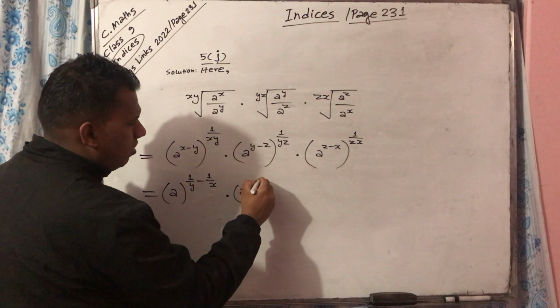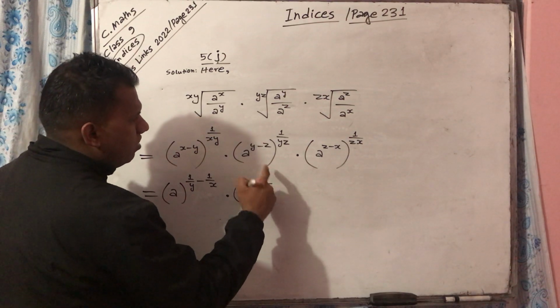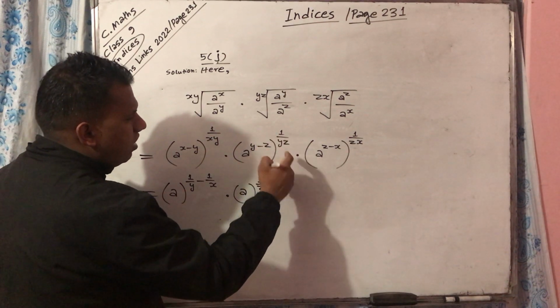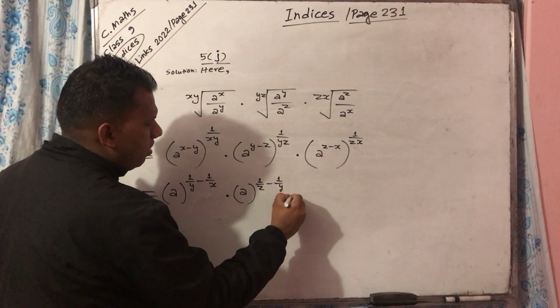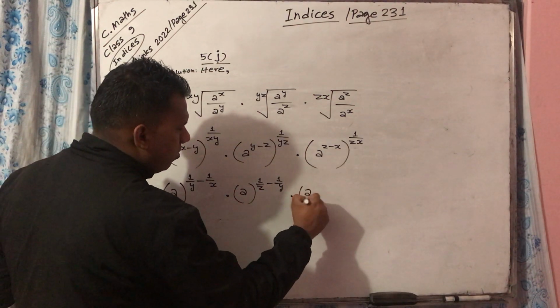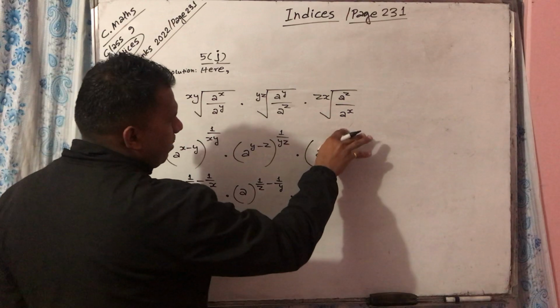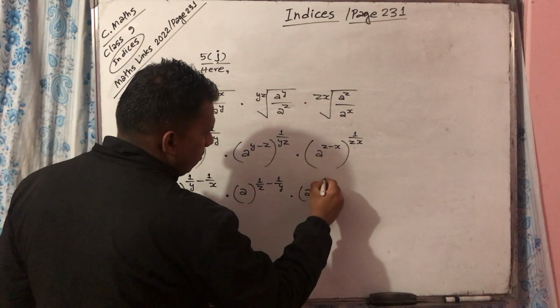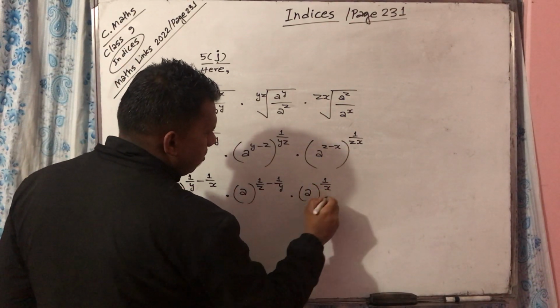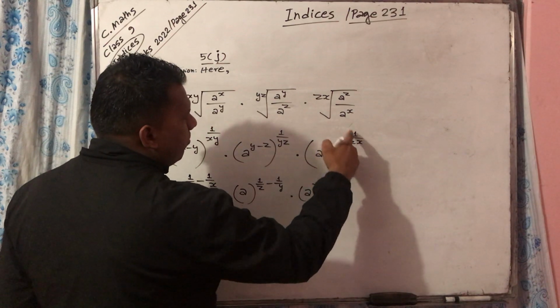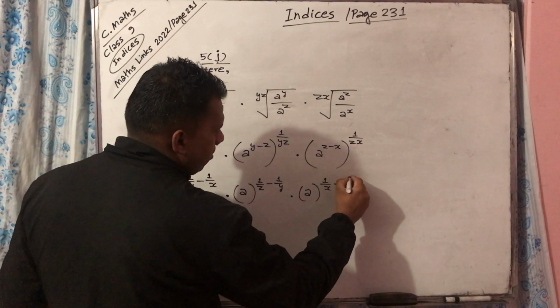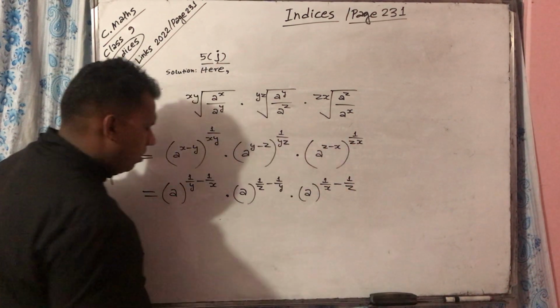Y cancel, 1 upon z. Minus z into 1 by yz. Z cancel, 1 by y. On the third, a to the power z into 1 by zx. Z cancel, 1 by x. Similarly, x into 1 by zx. X cancel, 1 by z.